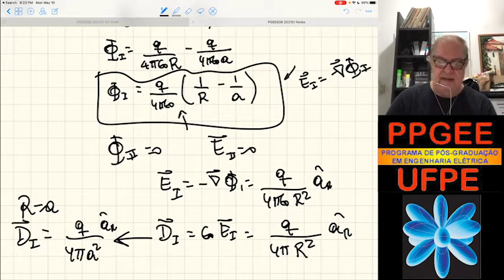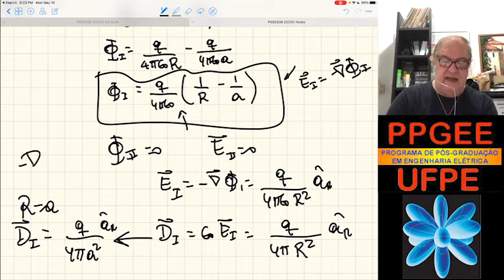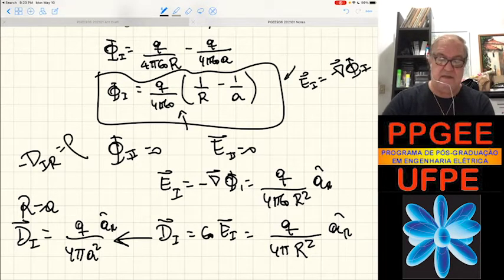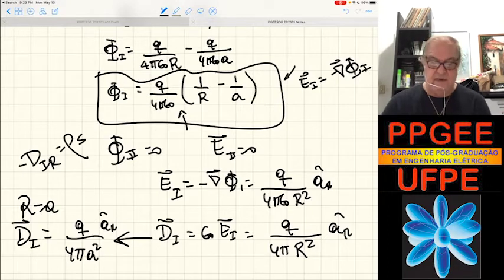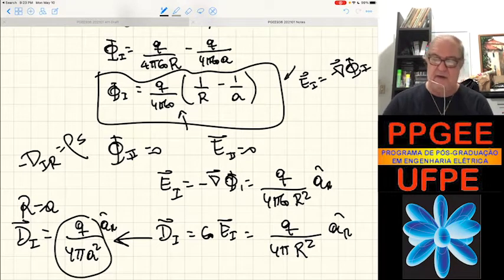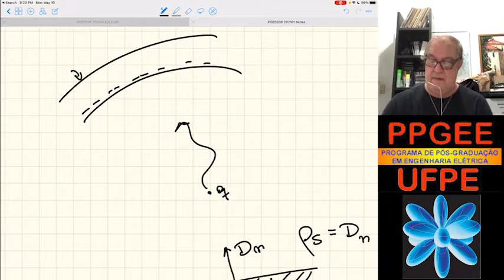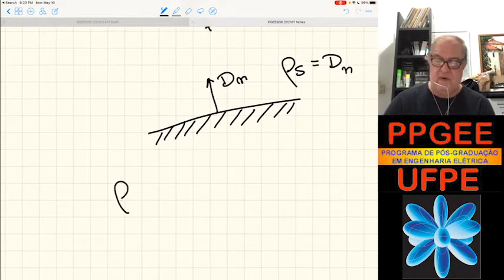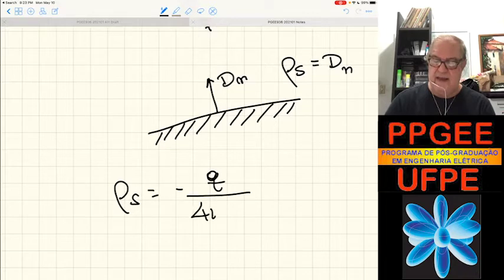So minus the D1 radial equals the surface charge density, which is going to be minus this number here, right? So we have that rho s equals minus Q over 4 pi a squared.